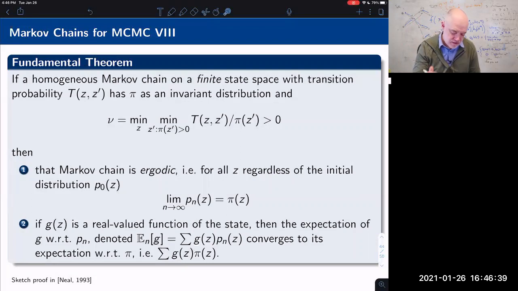Basically, it just means this. If you take some particular point z, and you look at the worst possible scenario, we're somewhere in state space. Then we find the point that you could transition to which has the smallest probability.